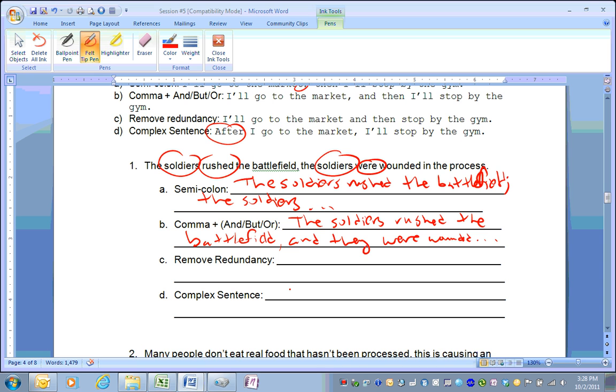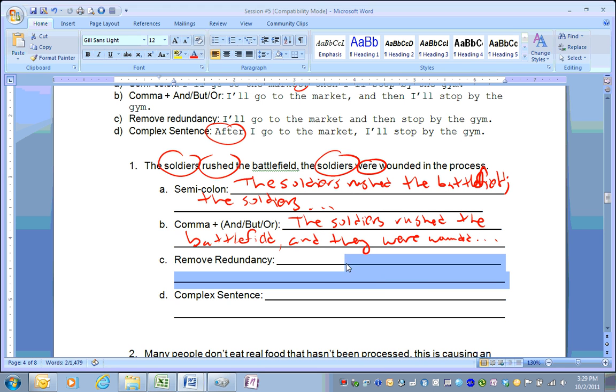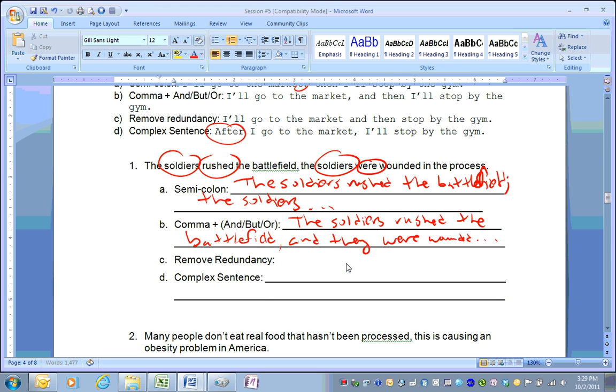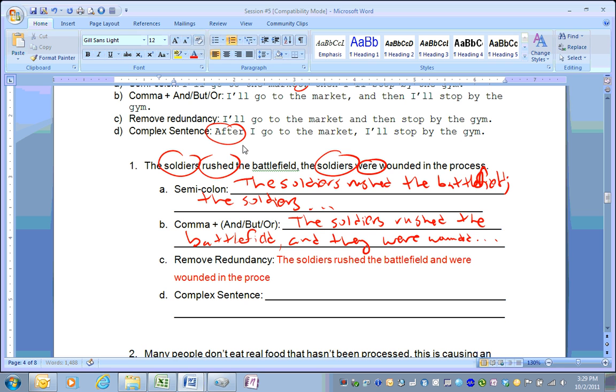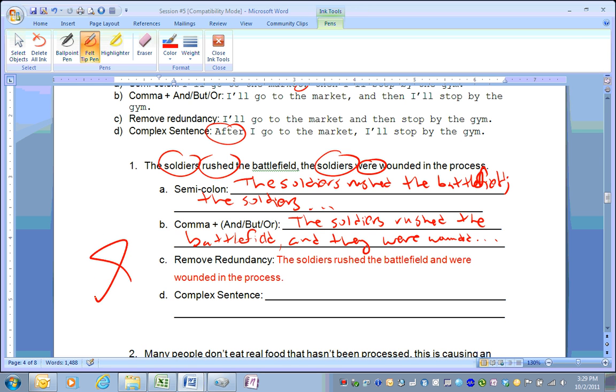Yeah, I like that. So actually, let me do this. I'll just type it. So you could say the soldiers rushed the battlefield. This is usually the most common way to fix it.